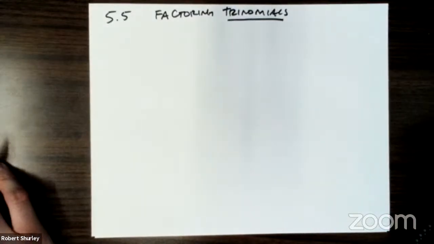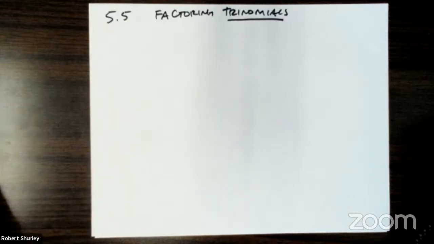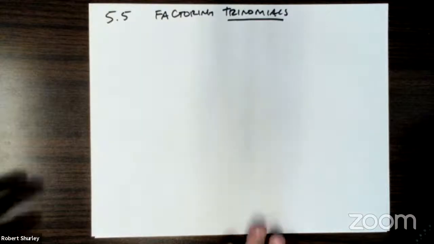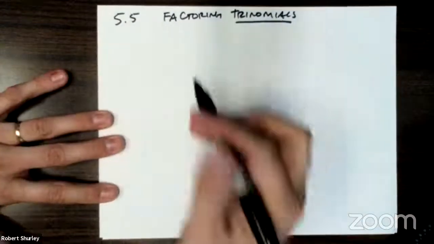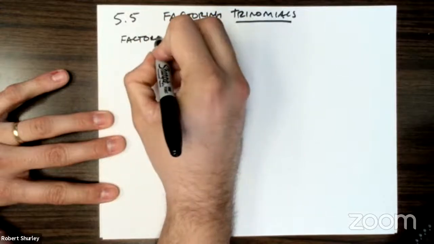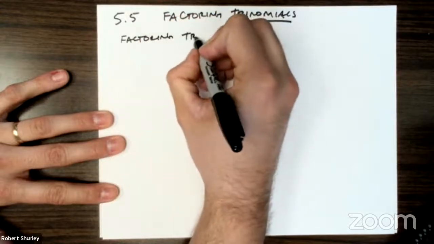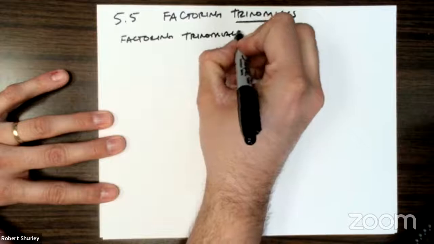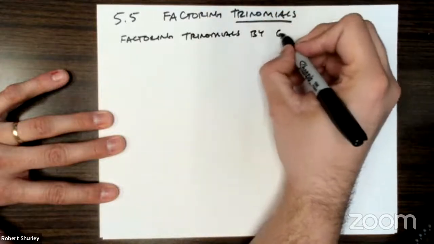Okay, so let's look at what I'm talking about when I said this will work no matter what. The way I factor trinomials in this section is called, it's going to sound familiar, factoring trinomials by grouping.